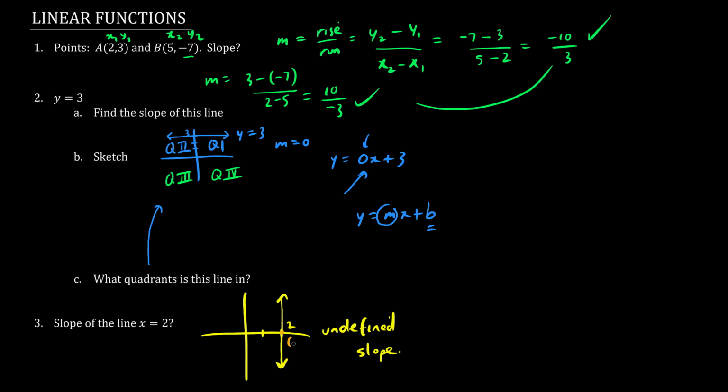I'll pick the point 2, 0, and we'll just pick a point up here. We'll say 2, 1. The slope is rise over run, so let's go this minus this, 1 minus 0, over 2 minus 2. As you can see, the slope is 1 divided by 0, which is undefined. You can't do this.